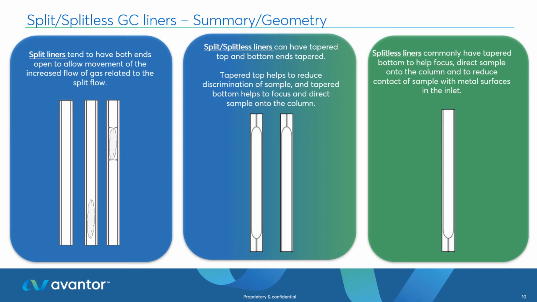A couple of reasons for this I've already mentioned, but on top of that, it would also mean that we would have a less active surface. We saw on that initial diagram of the GC that we had a gold plated surface which the liner came into contact with, but ideally we want a very highly deactivated surface, and having a tapered inlet to the column makes a lot of sense here.